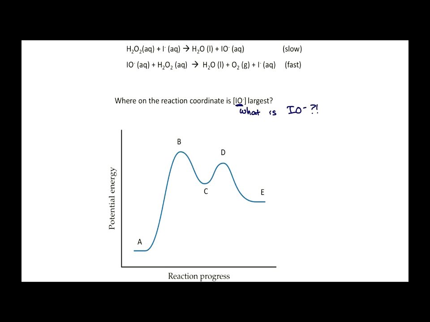Nope, it's an intermediate. So if you are on this graph, where will that species have the largest concentration? At spot C, yes, C, because it's an intermediate. If the species we cared about was a reactant, then it would be A. If the species we were looking at was a product, then we would say E.